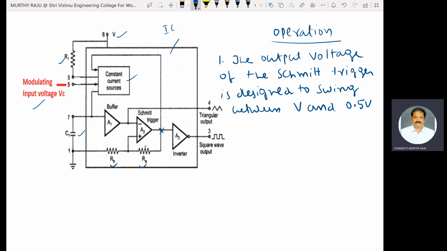If RA is equal to RB in the positive feedback loop, the voltage at the non-inverting input terminal of A2 swings from 0.5 to 0.25.